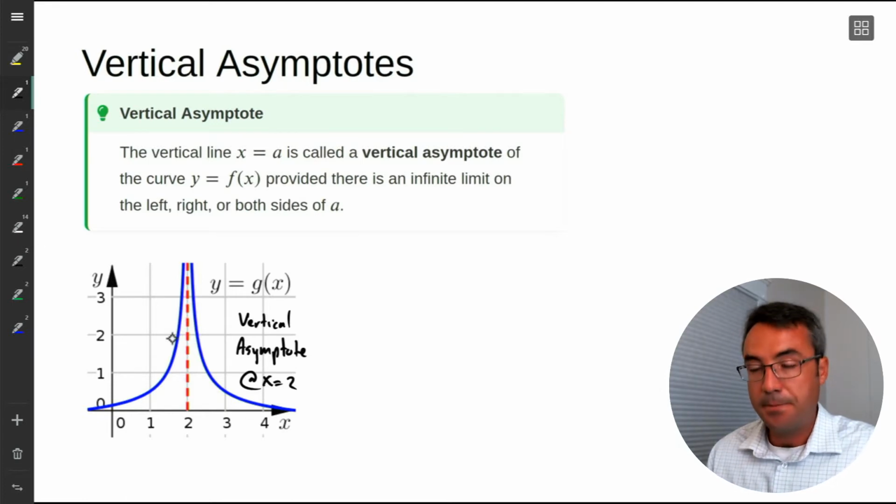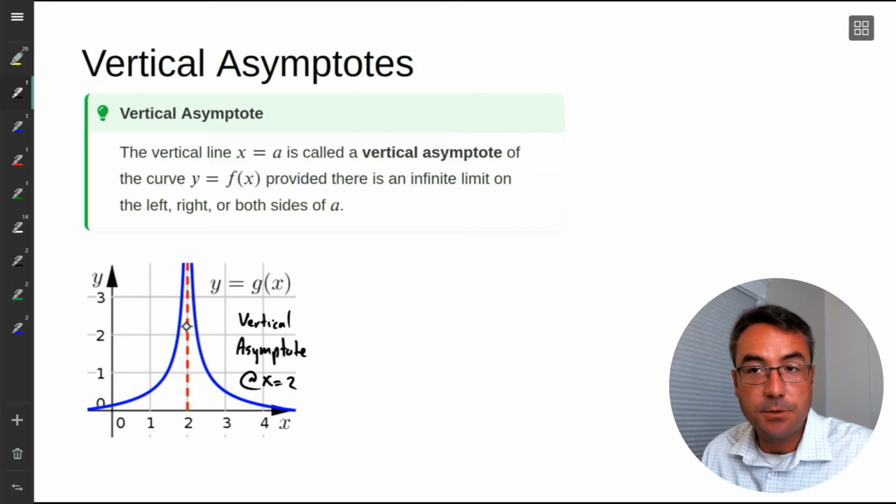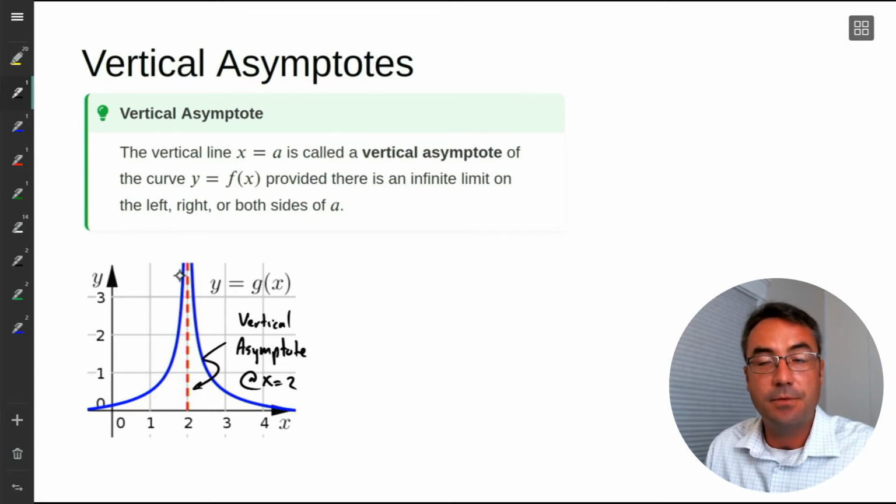And as the inputs here get closer and closer to 2, the graph of our function is getting closer and closer to this dotted line. So that's actually our vertical asymptote here. The graph of our function is getting really close to that line. It's approaching that line as we move further and further up here.